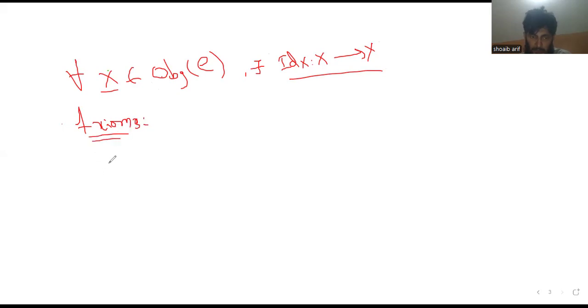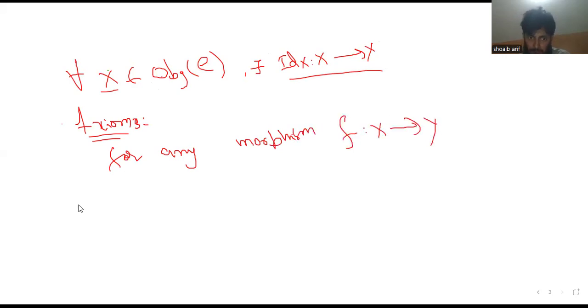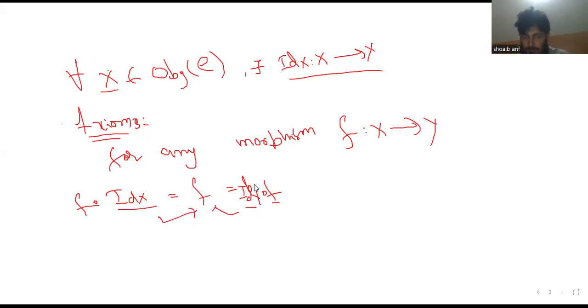What are the axioms? First of all, for any morphism f from X to Y, this law holds: ID on X composed with f is equal to f, or f composed with ID on Y is equal to f.